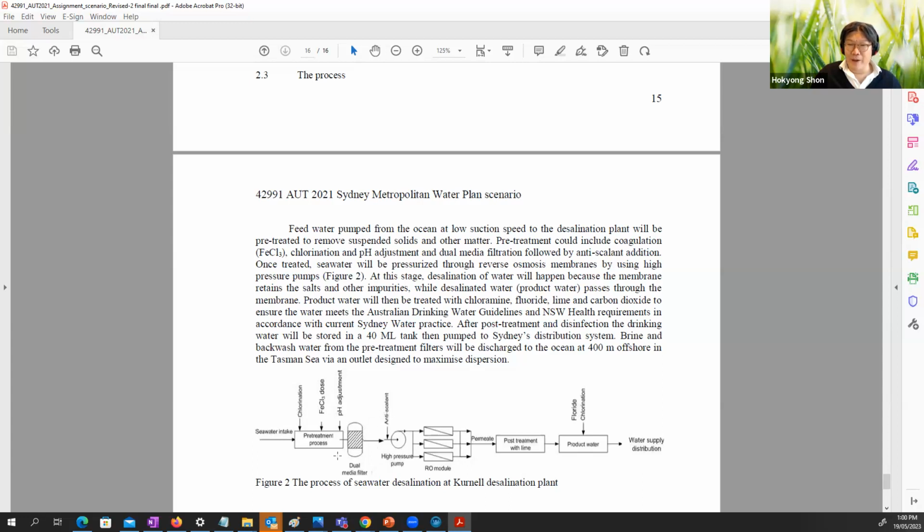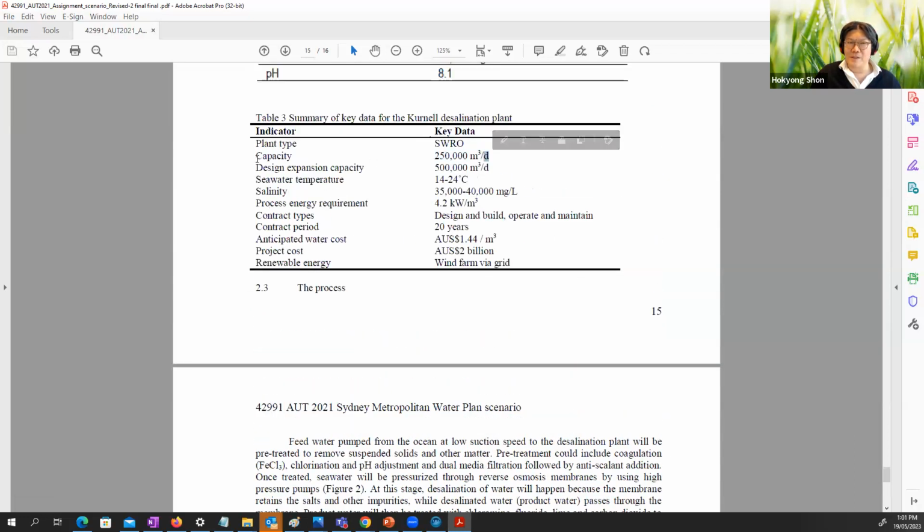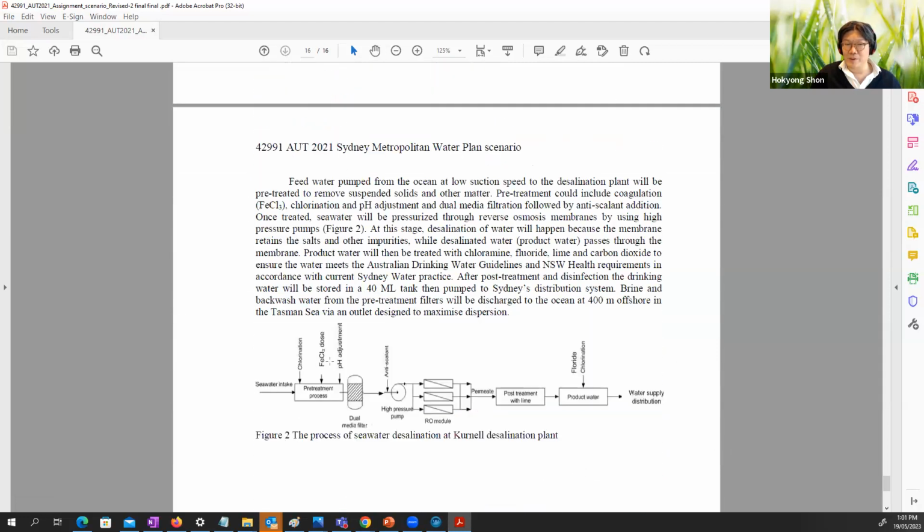Pretreatment recovery is around 95% because of the backwashing and the wastewater treatment, or you have to clean up this filter, so you need to use some of the clean water. So overall, to simplify, 500 cubic meter per day and 250 cubic meter per day is the capacity you can design. Which means you need to design around 500 cubic meter per day of your feed water at the initial stage here. Do you understand what I'm talking about, your capacity?